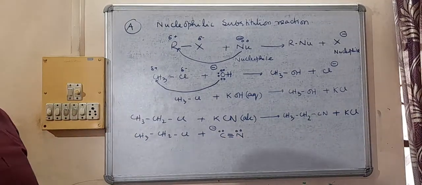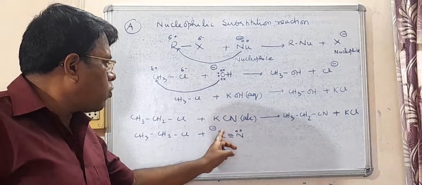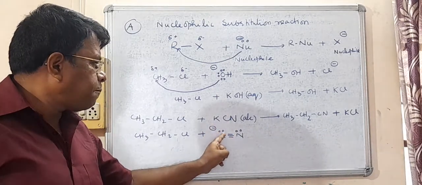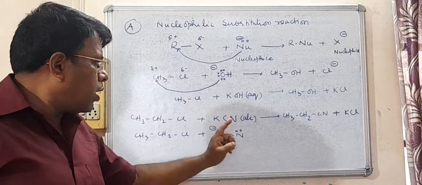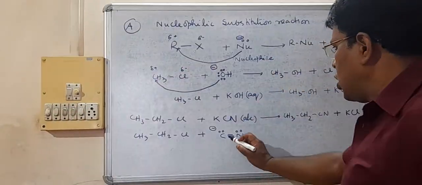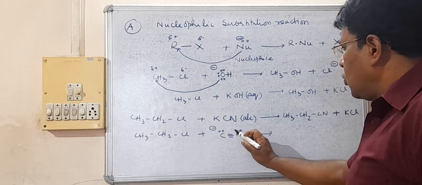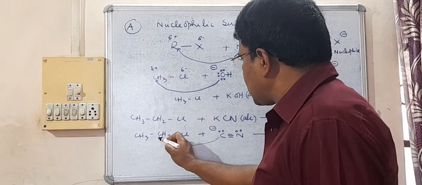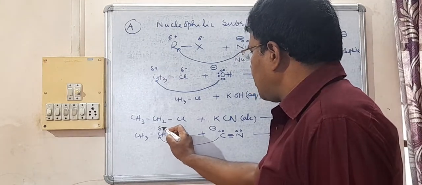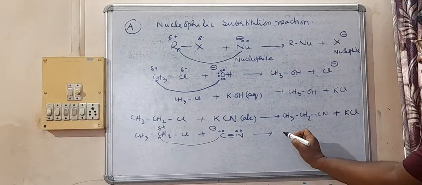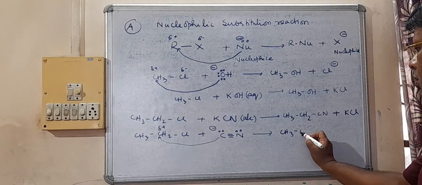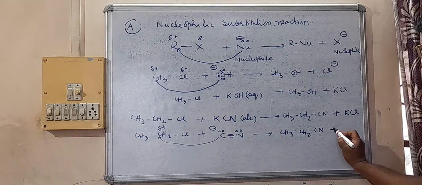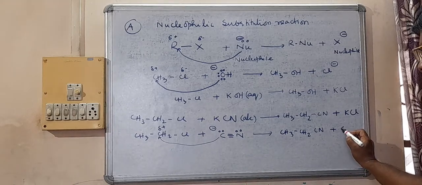Carbon has 4 electrons, 1, 2, 3, 4. And since it is a negative ion, 1 extra electron is there. So this is the electron dot structure of the cyanide ion. So this is a nucleophile. This nucleophile, through carbon, will attack at this carbon. This carbon is delta plus, and the product will be CH3CH2CN plus Cl minus.